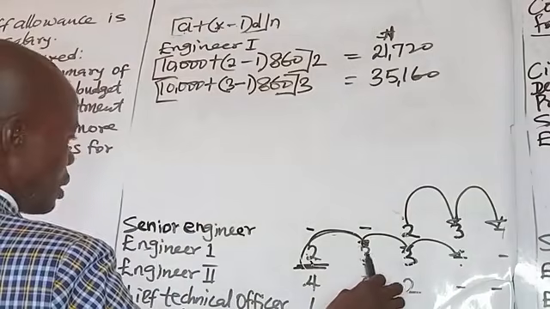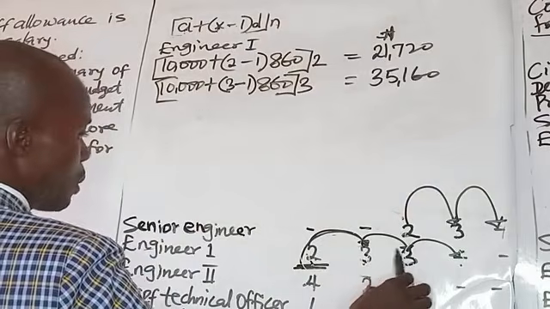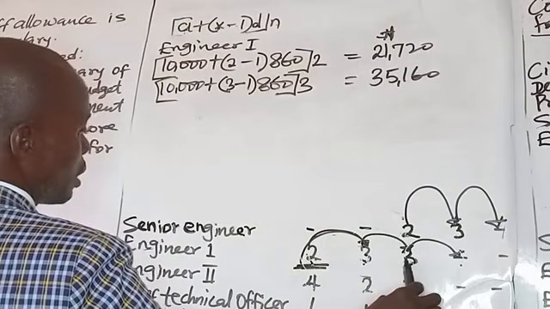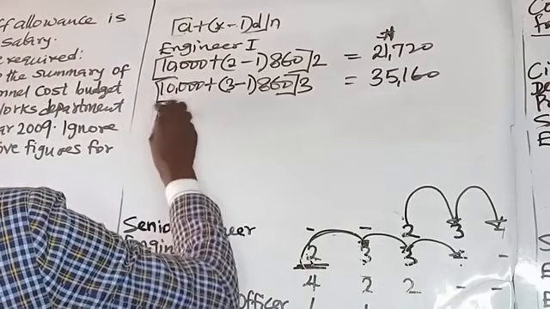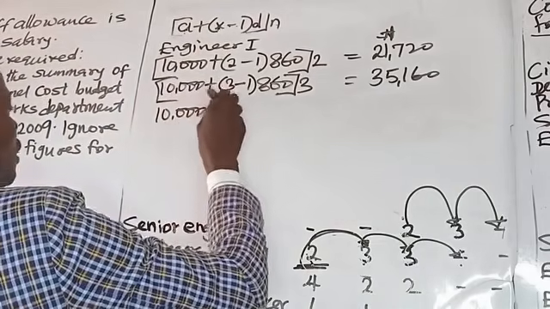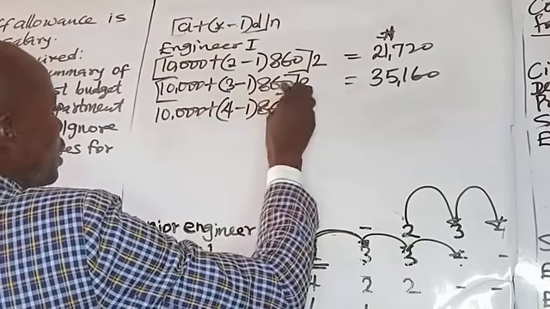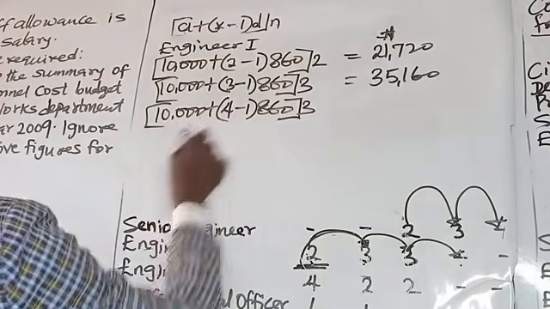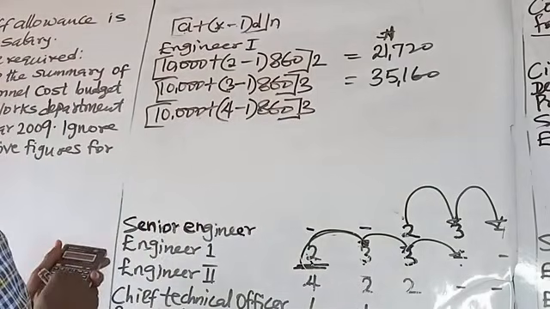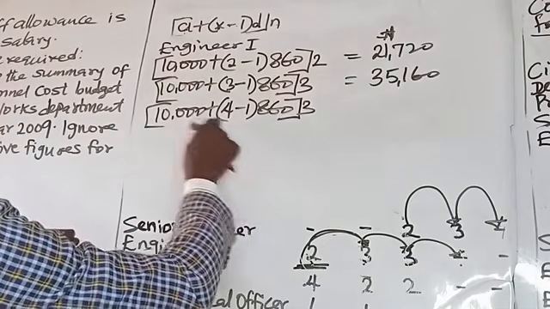Then 3 were also in step 3 and they are now moving to step 4. So we have 10,000 plus step 4 now minus 1 into 860. And there are 3 in number who are now moving to step 4. 4 minus 1, that is 3. 3 times 860, we have 2,580 plus 10,000.